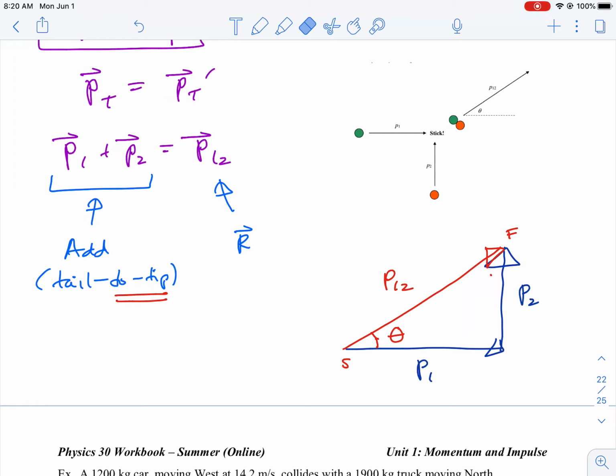I'm just going to get rid of the start and the finish, and then there's our vector triangle. And then what we do is we analyze that triangle, and when you solve the triangle, you finish the question. So this is what we call the tail to tip method. And this is a great technique if the vectors are at 90 degrees to each other, because it leads to a right triangle, which is relatively straightforward to solve.